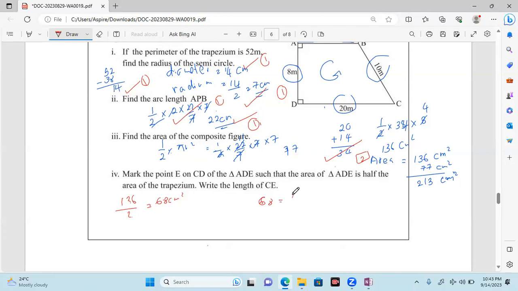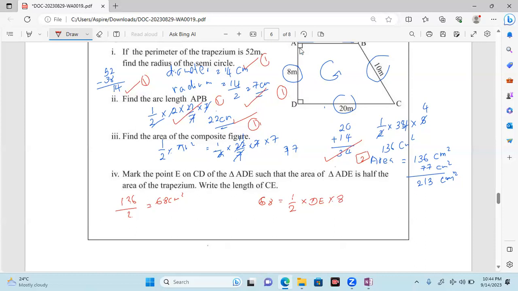Then 68 equals half into DE into 8. DE should lie on the DC. DE is the base of the triangle. DE into 8. 8 is the perpendicular height.